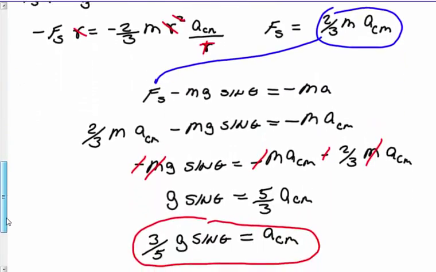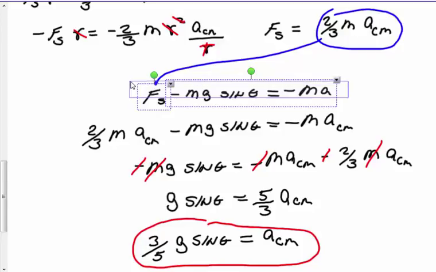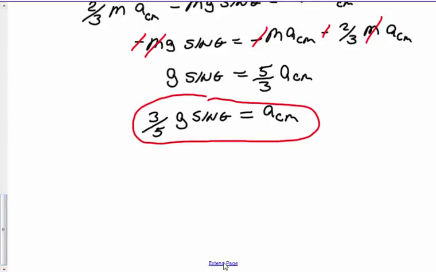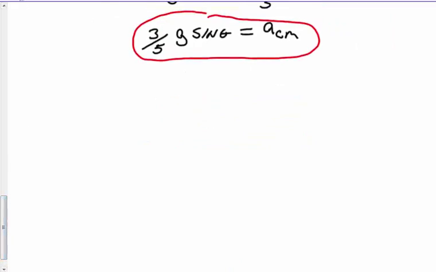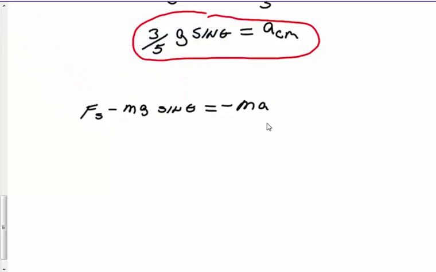I will go back to this equation right here. The only thing I'm going to do different here is I'm going to take out the acceleration and put in what I found out here, 3/5 g sine theta.